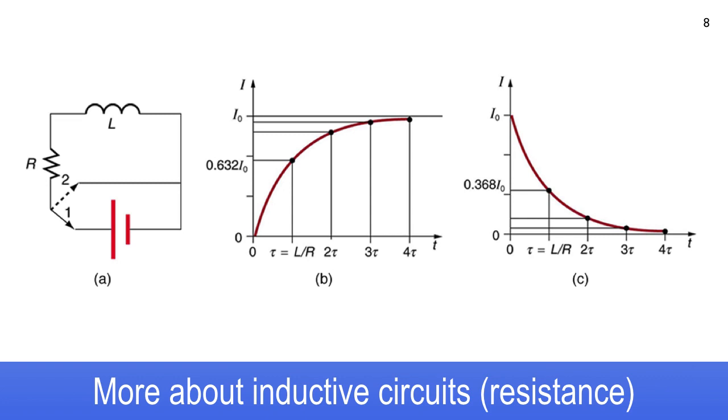So when it's switched to 1, it loads up current into the inductor. When you switch to 2, the current will dissipate its energy at the resistance, and that's what you see over here in the exponential curves.